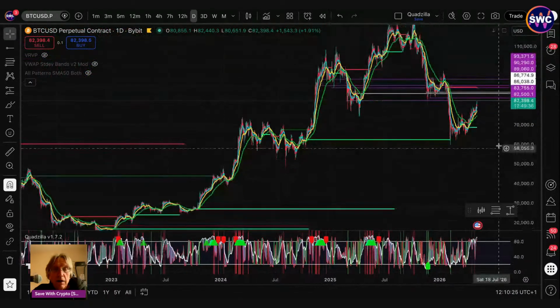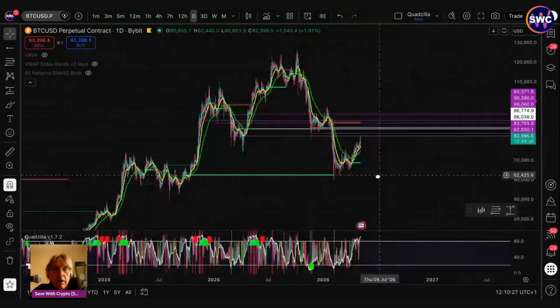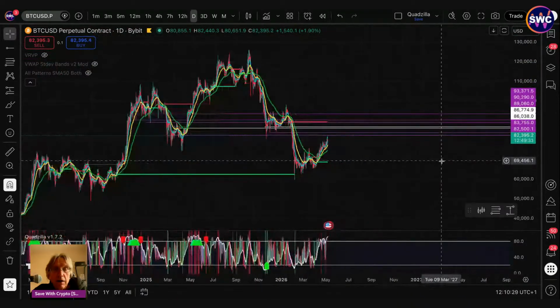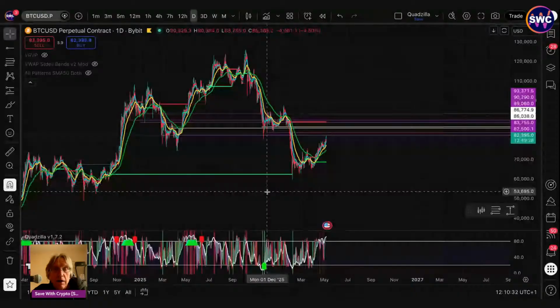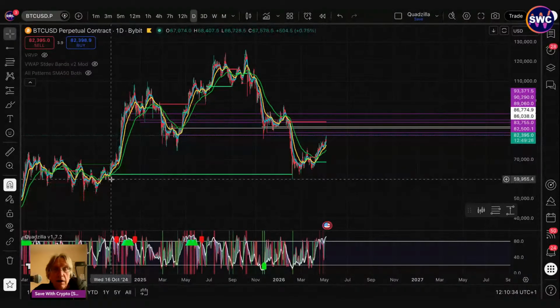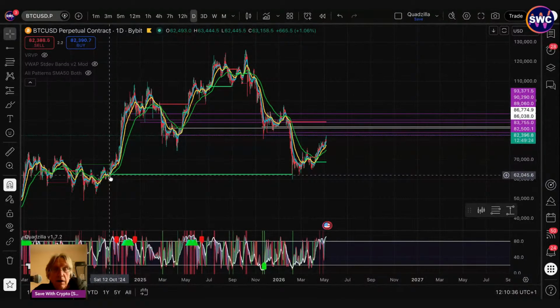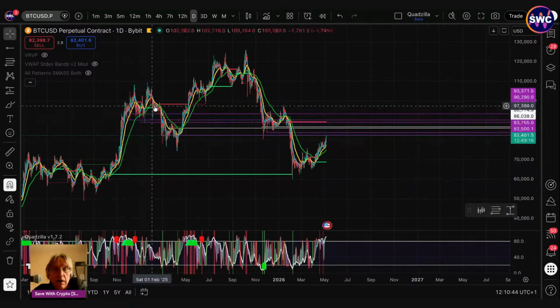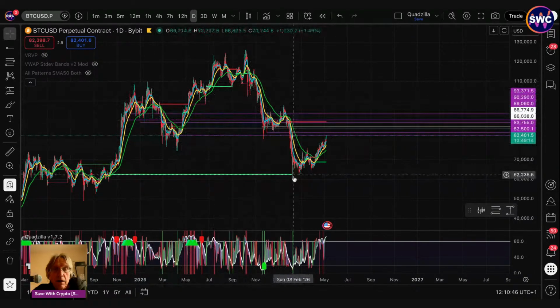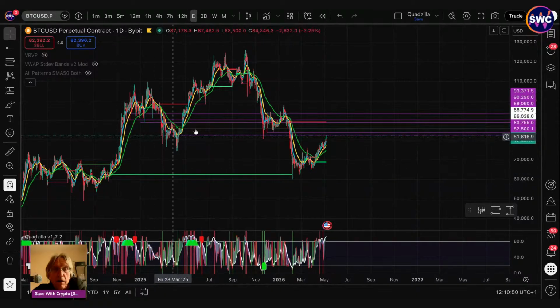So you can see that the Quadzilla indicator has just been absolutely brilliant on this daily time frame. This retracement level here that it started drawing in October 2024, down at 62K, was pretty much the bottom that we saw in February. Amazing. You know, the price just came all the way down there.